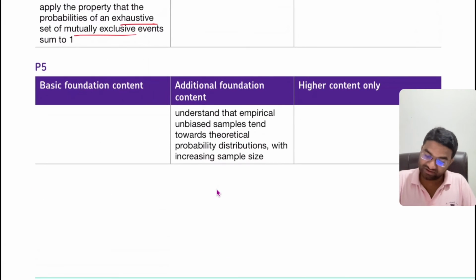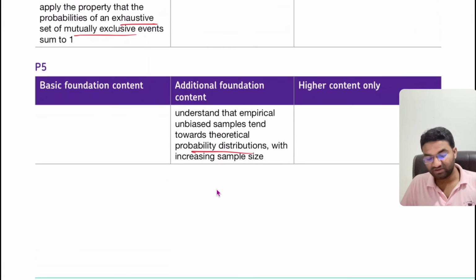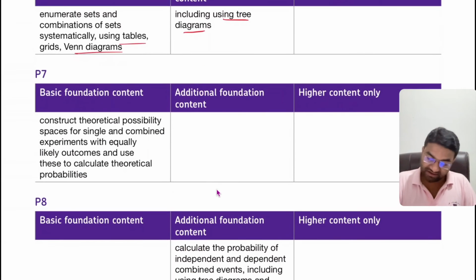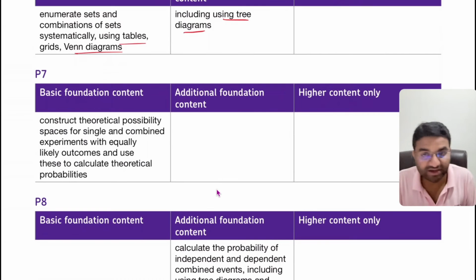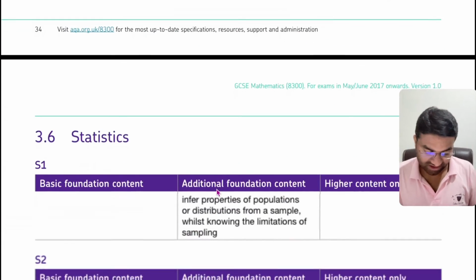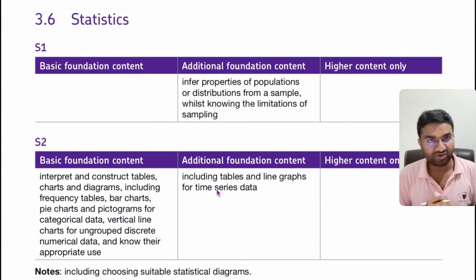Then we have to understand the probability distributions of samples. Next we have tables, grids, Venn diagrams, and tree diagrams. Then experimental probability is also there. So these are the topics under probability.